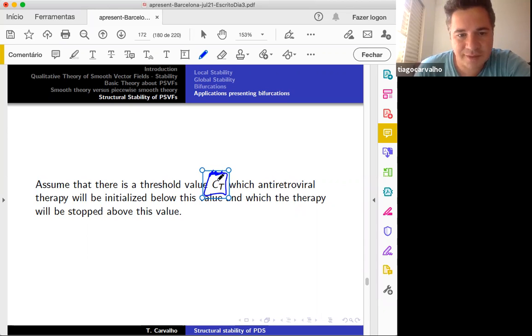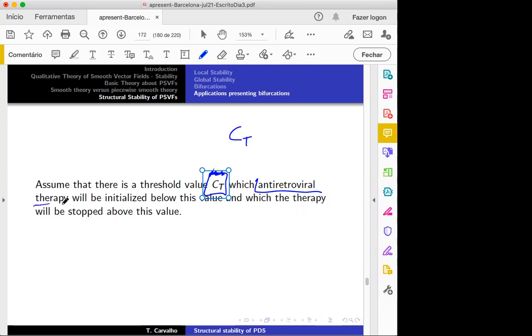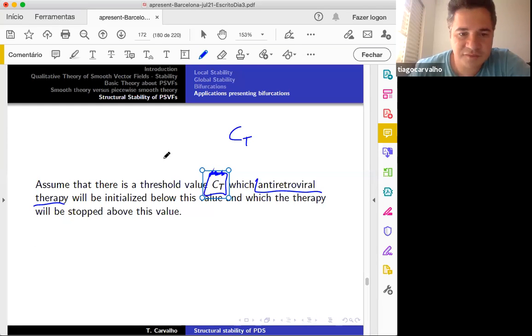When this value is smaller than this critical value, we apply the treatment, the therapy, and when this value is bigger than this critical value, we stop the treatment. Okay.